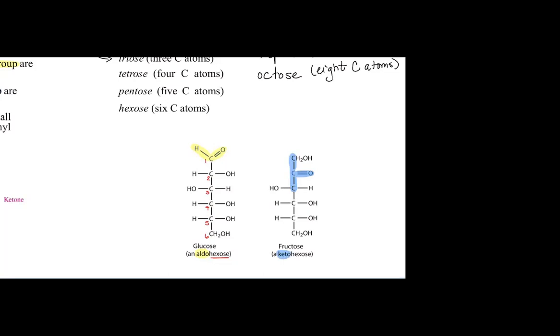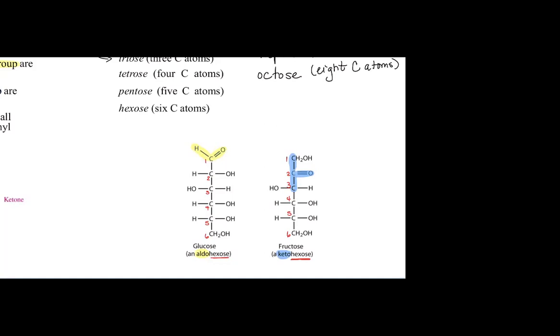Similarly, that hexose represents that we have 1, 2, 3, 4, 5, 6 carbon atoms in our structure. So this word, aldohexose or ketohexose, represents both classifications together.